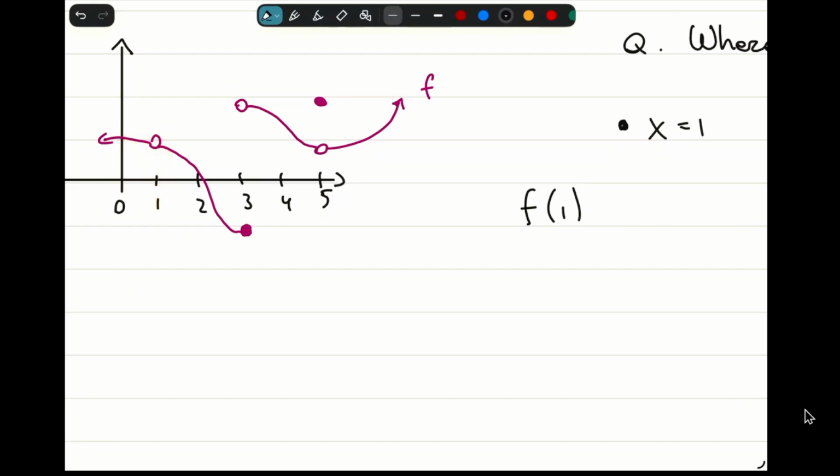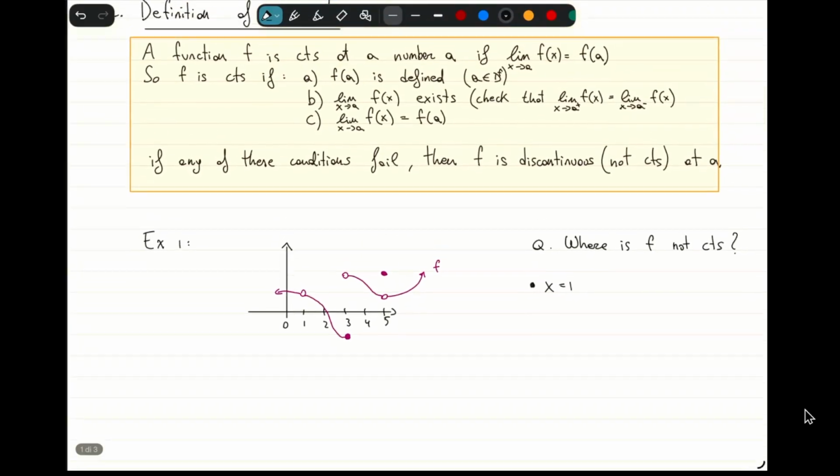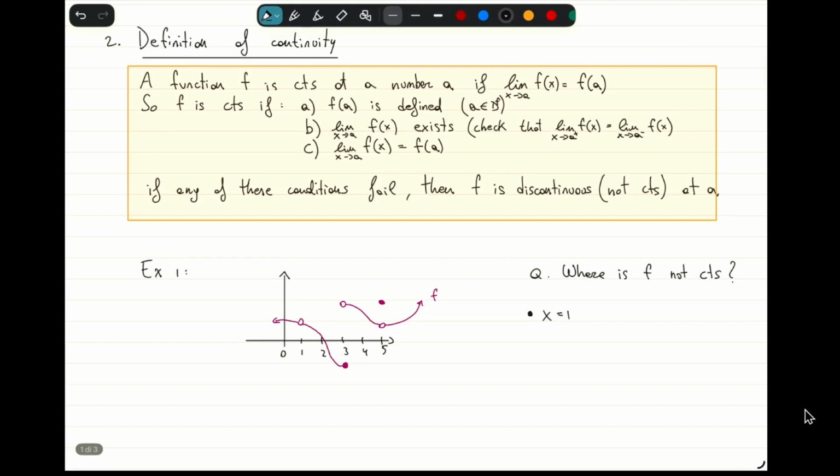Now, from our definition, is a defined? So is 1 inside the domain of our function? Try to think about it. Do we have an output for that 1?